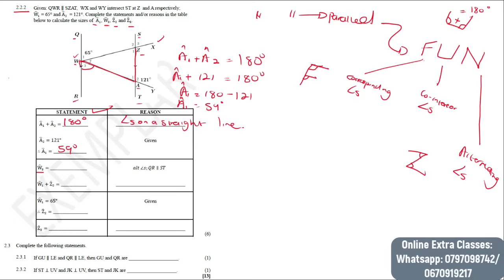This is our Z, which means that this angle and this angle are equal. And we know that angle A1 is equal to 59 degrees, right? That's what we calculated here. So that basically means that angle W3 is equal to 59 degrees. Even our reason here, they told us that these are alternating angles. Okay.